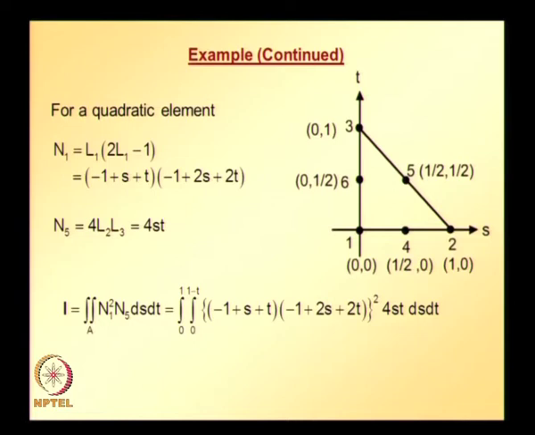So, we need to adopt a numerical integration scheme, and we need to identify the integrand. This is f as a function of s and t. Depending on the number of integration points that we decide to use, we need to evaluate this integrand at so many integration points, multiply with corresponding weights and sum it up.